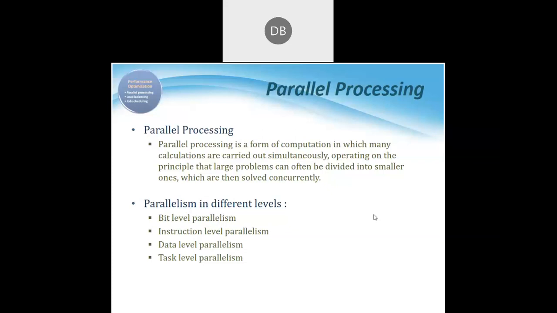Parallel processing, as we know, is a form of computation in which many calculations are carried out simultaneously, operating on the principle that a large problem can often be divided into smaller ones, which are then solved concurrently. You might have studied NP-hard problems like this.